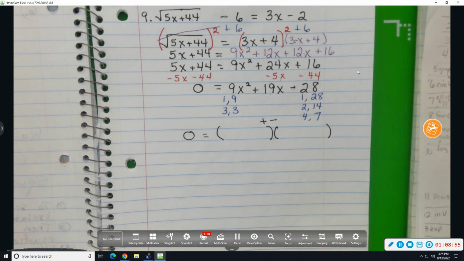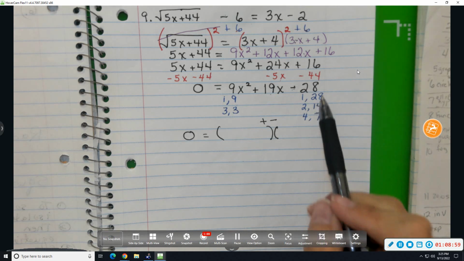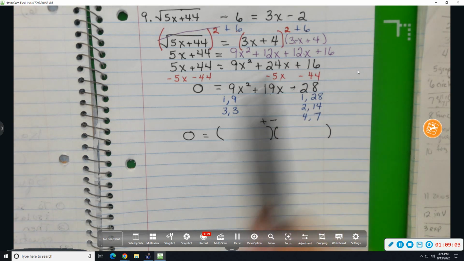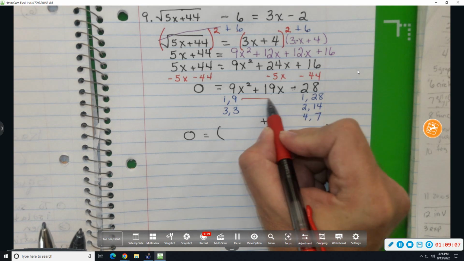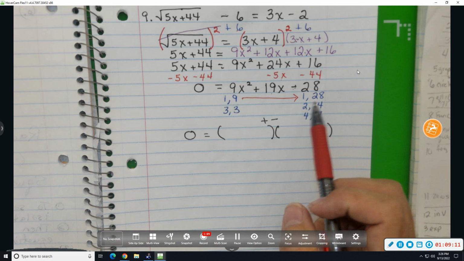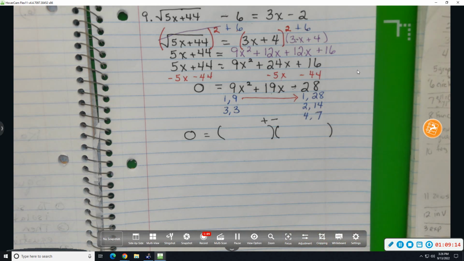And what Tim saw and what I've seen is, if I subtract 28 and 9, don't I get 19? So I'm thinking, let's see if we can make it work with those two. Use the 1 and 9 and the 1 and 28. What made me decide on that?